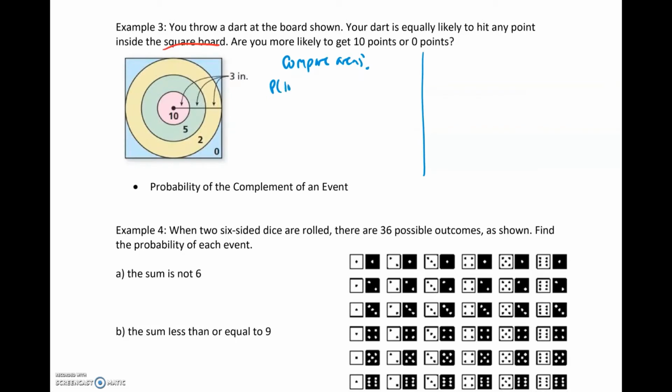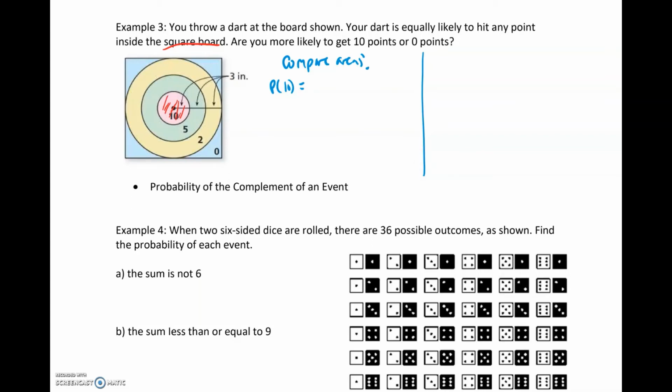The probability of getting 10 points is going to be looking at, where is the 10-point region? Well, that's right here in this pink area. This is a circle. What's the area formula of a circle? That's what we have to go back and think about.